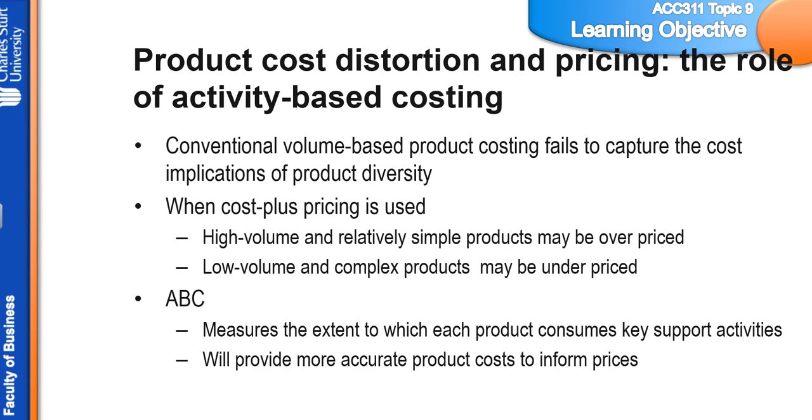So when cost-plus pricing is used, high volume and relatively simple products may be overpriced, and low volume and complex products may be underpriced, because it doesn't actually identify all the activities that are included in making the product. So with activity-based costing, this measures the extent to which each product consumes key support activities and provides more accurate product costs to inform prices.